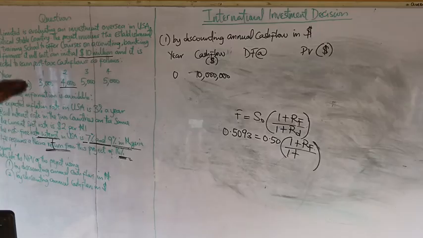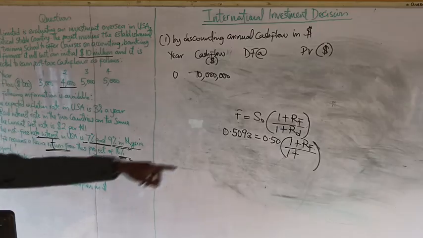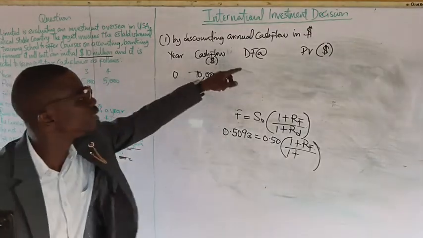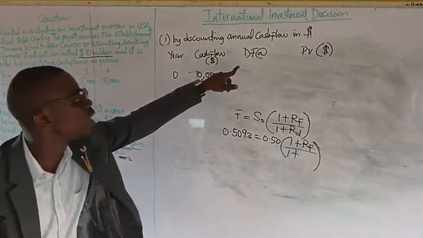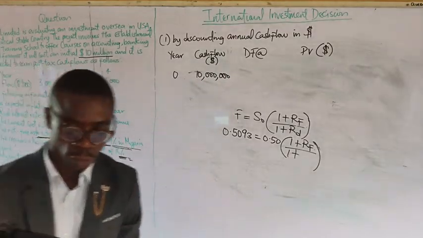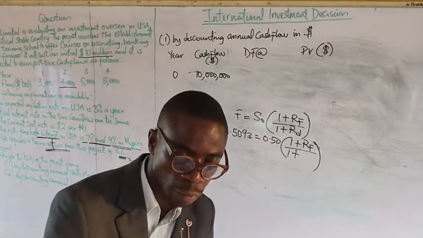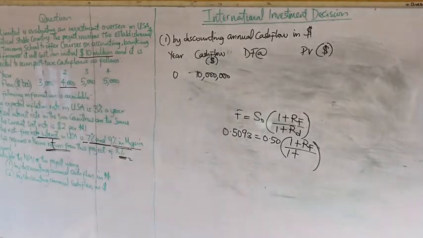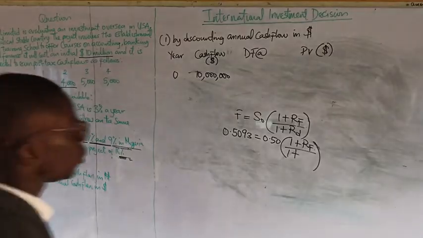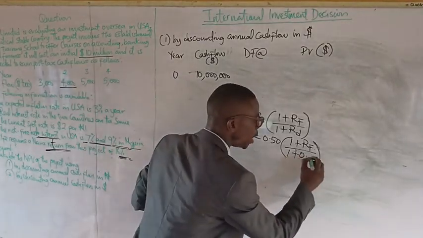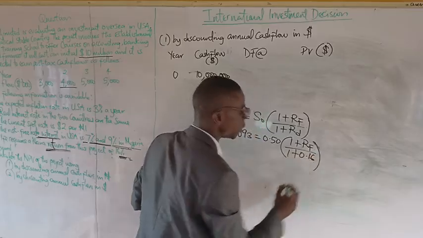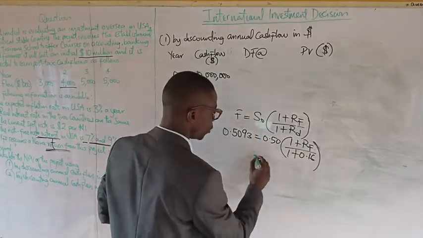So we are not given the dollar return of the investment. That's what we are trying to derive, because you need the return in order to calculate the discounting factor. Are you getting what I'm explaining now? So that would be 1.16. So let's calculate now.